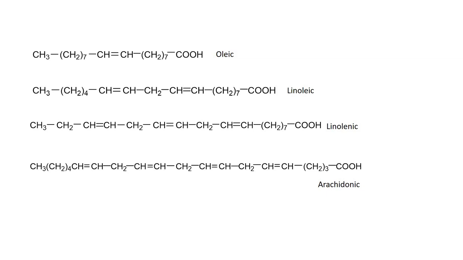Fatty acid synthesis takes place in liver, kidney, adipocytes, brain, and mammary gland. Acetyl coenzyme A, malonyl coenzyme A, and reduced coenzyme NADPH are sources for this process.